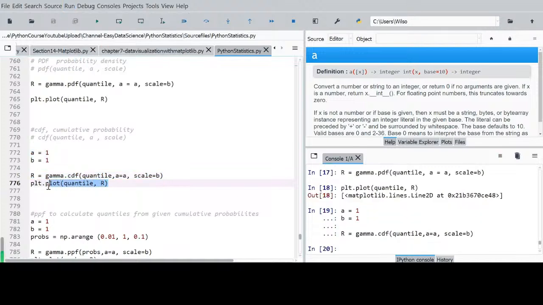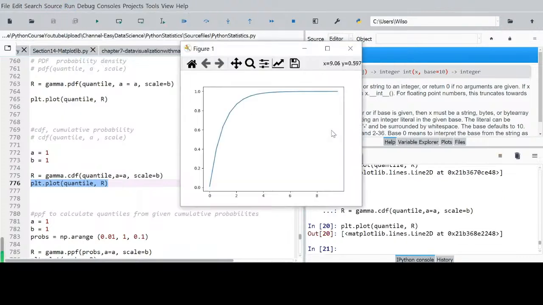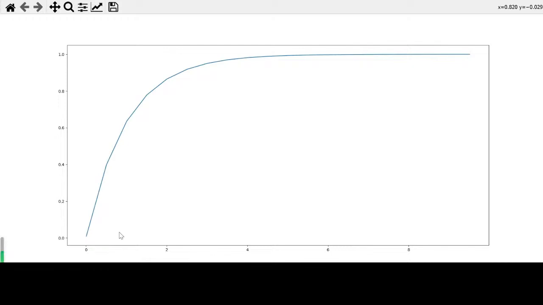Then we also plot the relationship between random variables and the cumulative probability. The cumulative probability is a non-decreasing function of the random variable, with probability from 0 to 1.